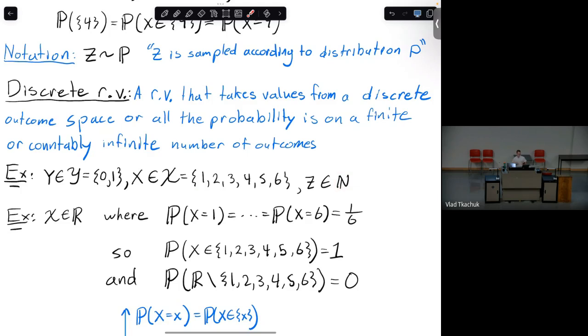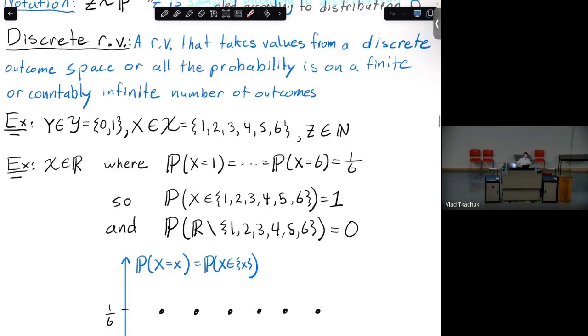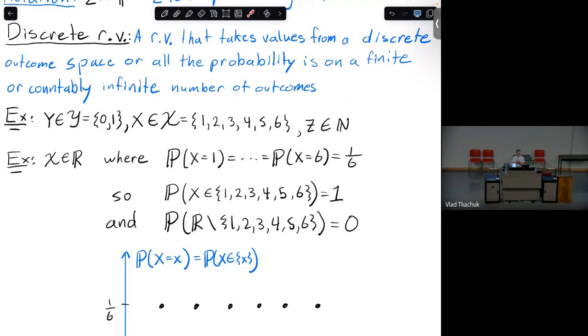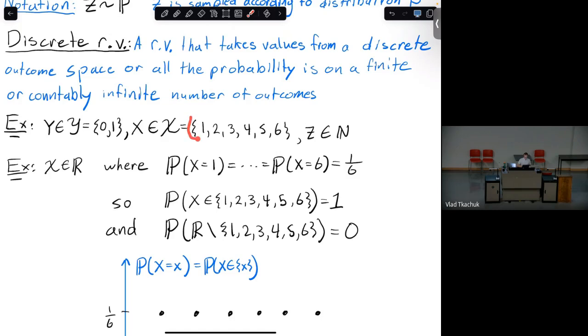Okay. The second example is highlighting the other case, which is that all the probability is only on a countably infinite number of outcomes. And so the idea is that you could take this outcome space, and the thing I didn't include here is obviously the probability with respect to the random variable as well. But you can imagine for this dice rolling case, you think of the probability of each number being 1/6.